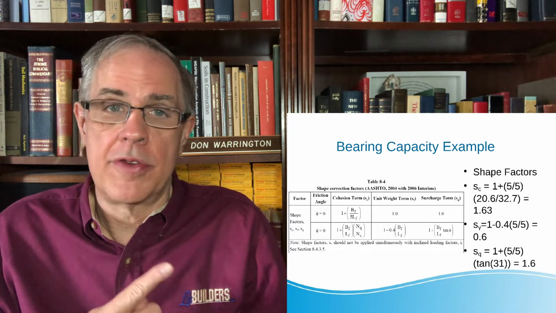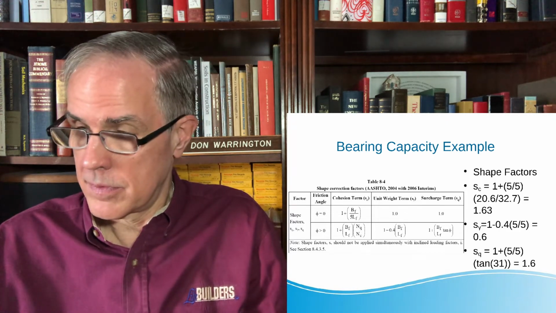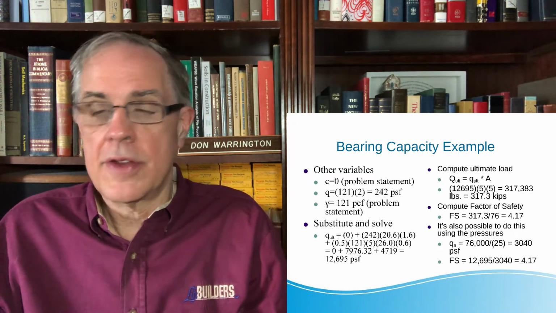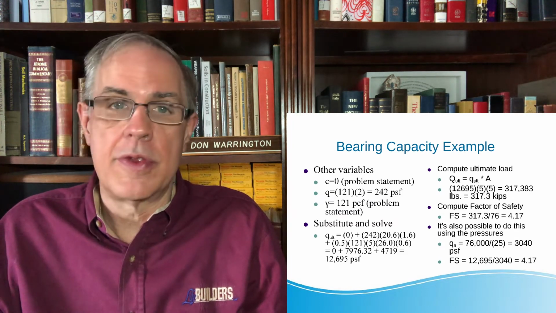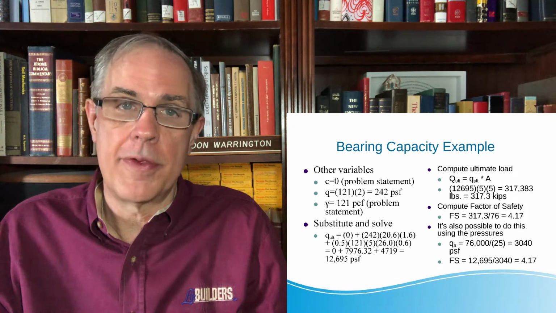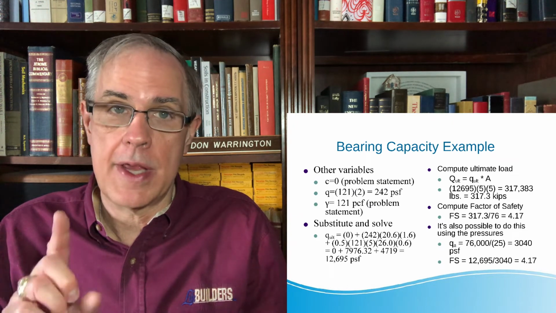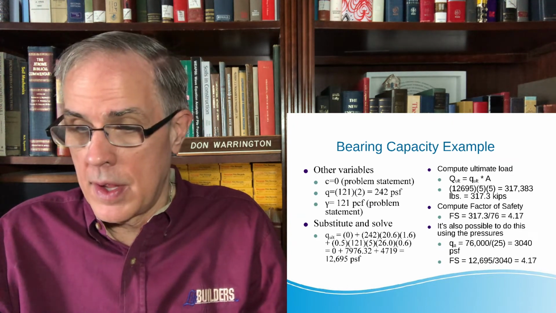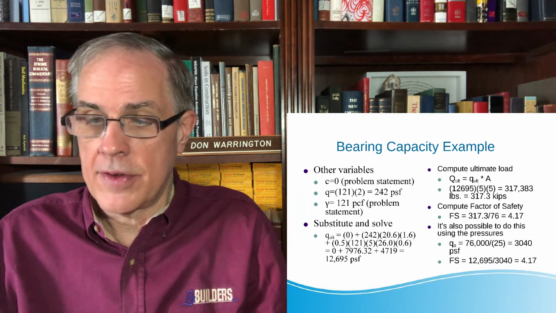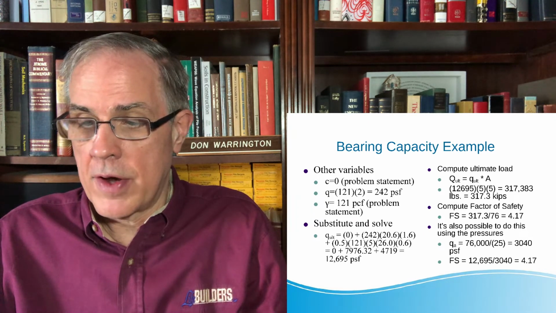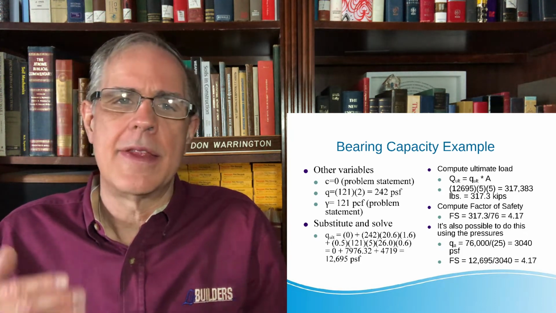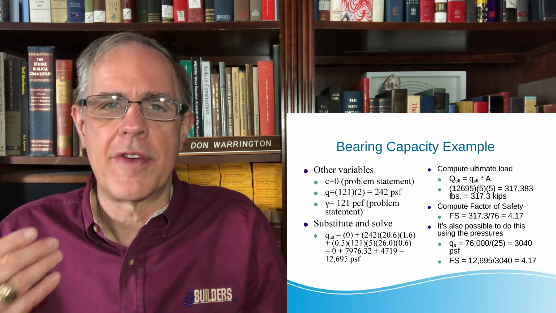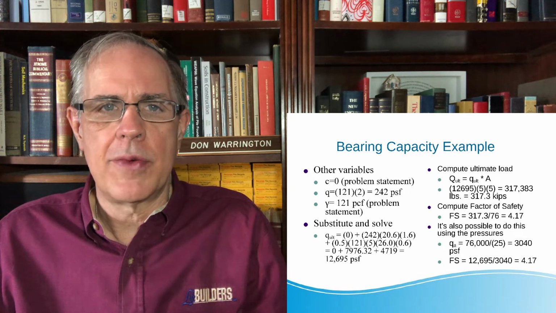The calculation is fairly straightforward. Again, c is 0. The q, the overburden, is the unit weight of the soil above the base. It can be different above and below. And in this case, it's not. And gamma is equal to 121. That's one thing you need to watch. That's one reason why in the bearing capacity equations we define q the way we do.